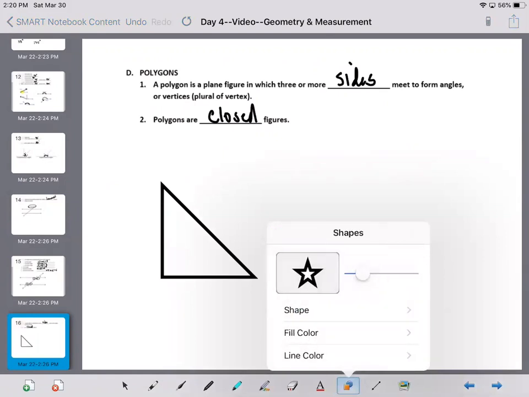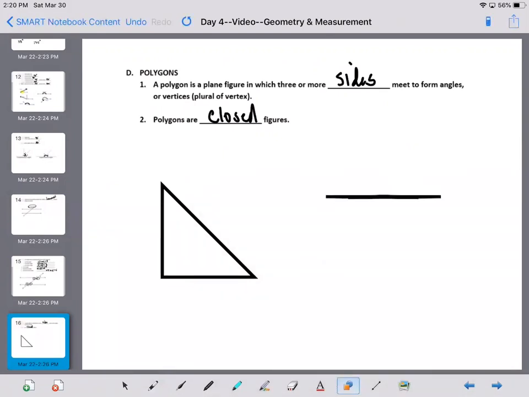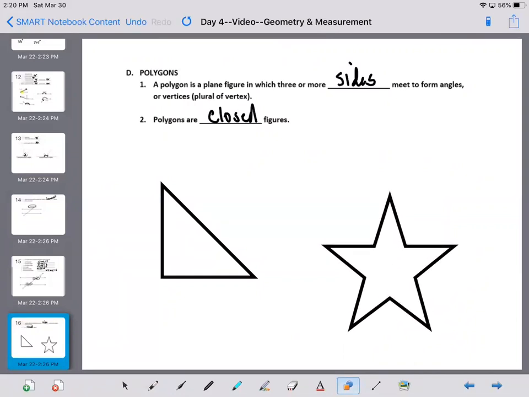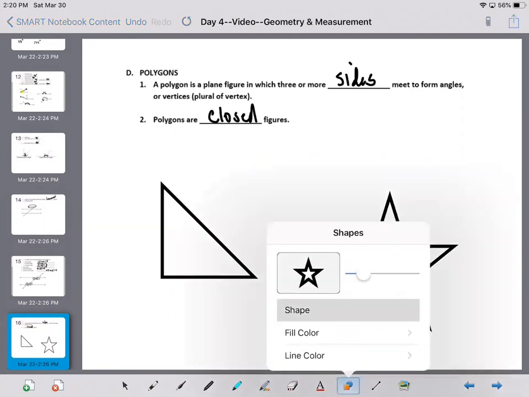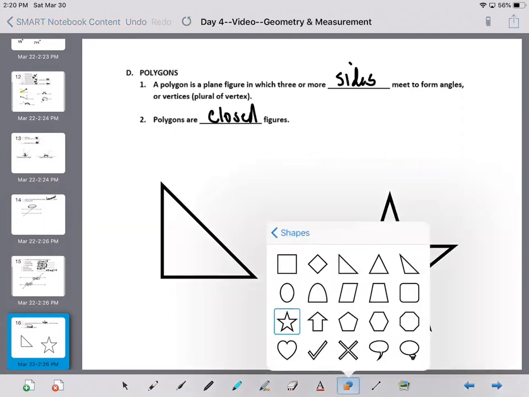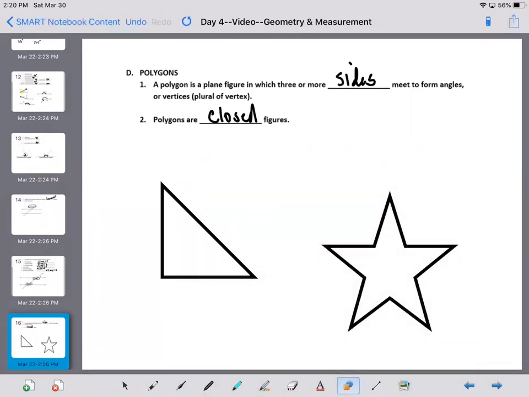Even a star has multiple sides, but it's also closed. This octagon, it's got 8 sides.